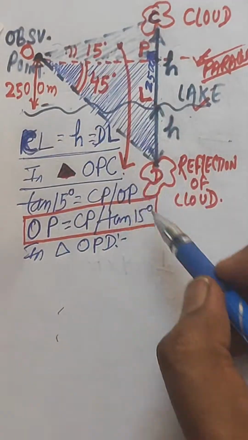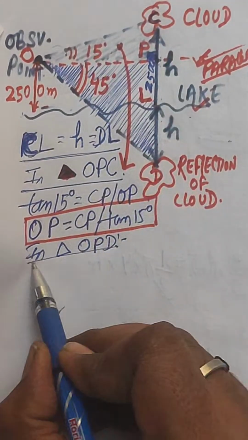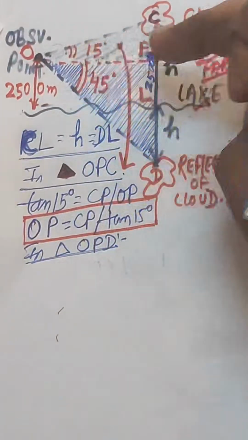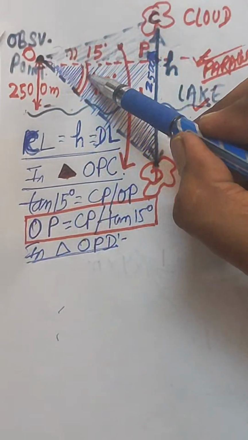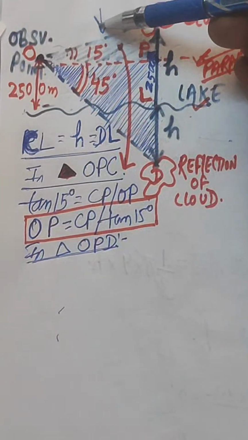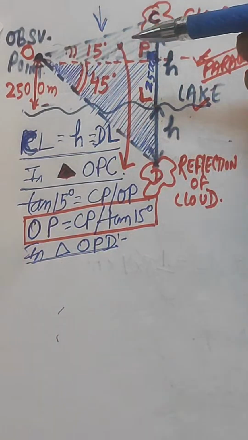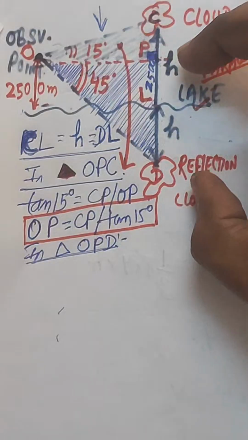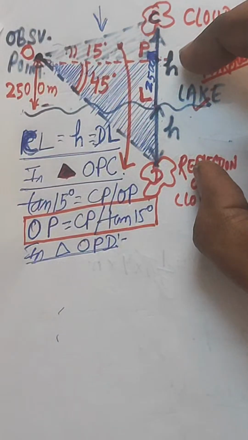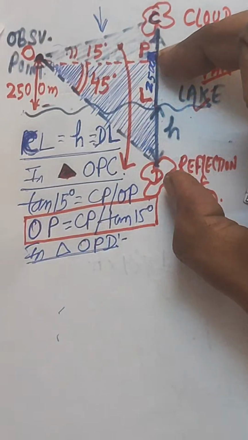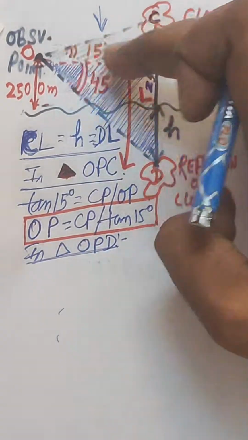In this triangle OPD, tan 45 degree, if this is the angle of depression, then if you see from this side, tan of 45 degree will be equal to nothing but PD by OP.